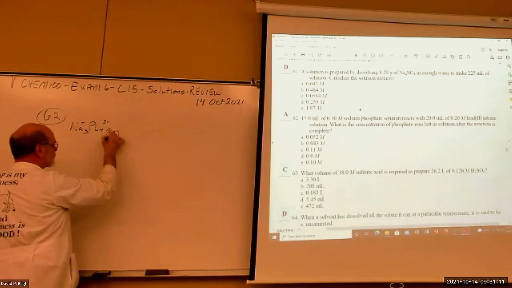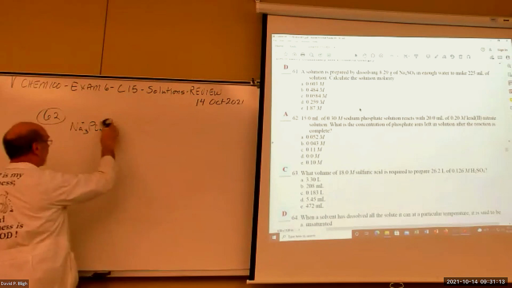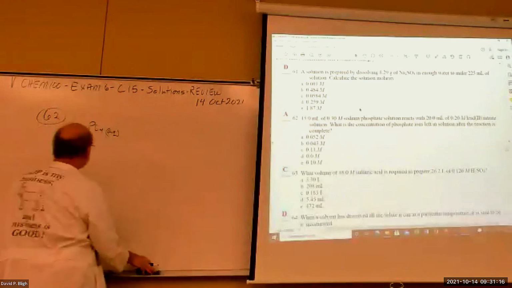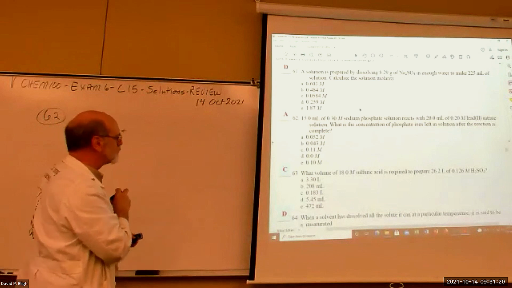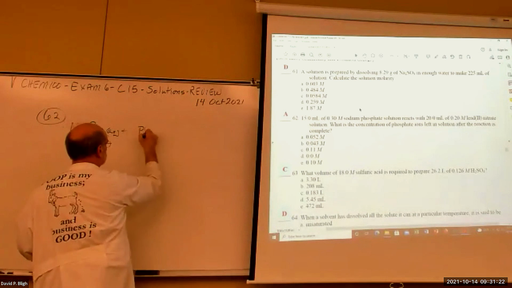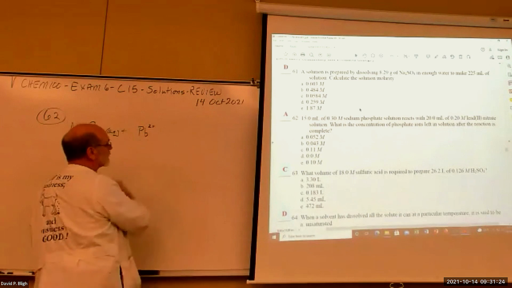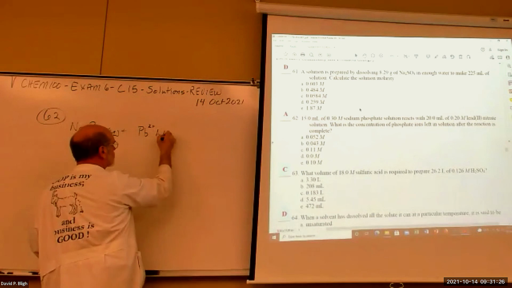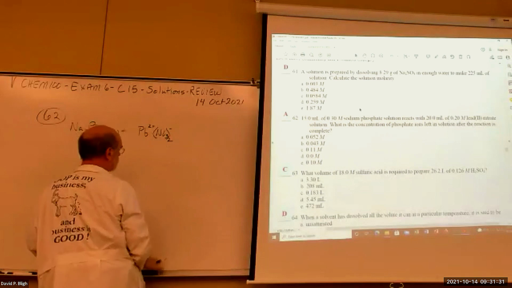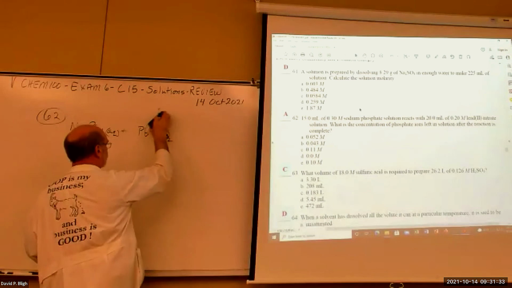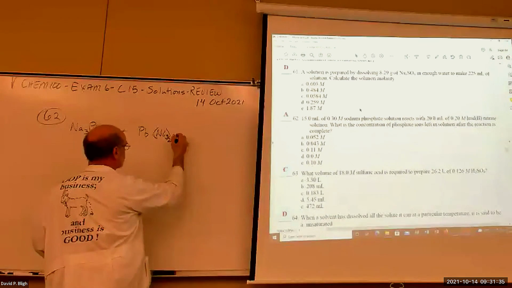This is an aqueous solution. Okay. Now that's going to be combined with lead-2 nitrate. Lead 2 plus, nitrate 1 minus, this one needs to be 2. And that's an aqueous solution.